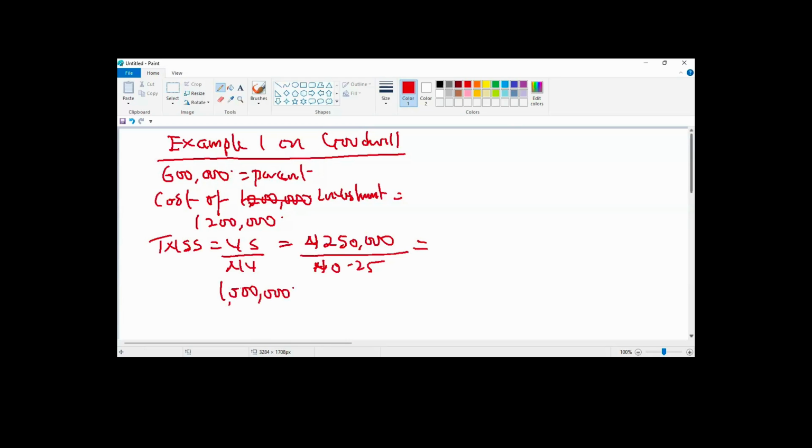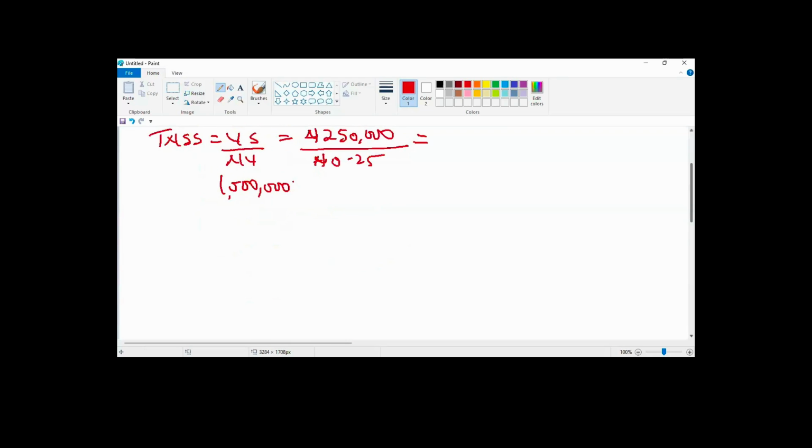Can I determine the group structure? 600,000 over 1 million times 100.